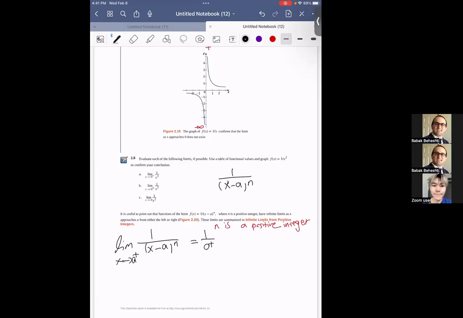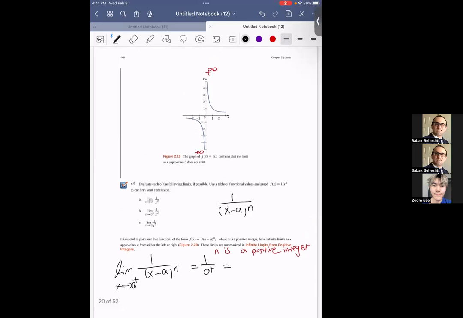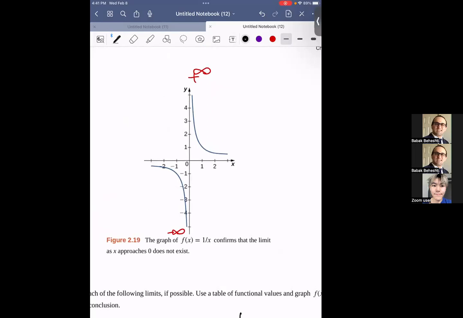So what is 1 over 0 plus? 1 over 0 plus is a very small number, not 0. We just talked about this, like here. See? 1 over 0 plus is plus infinity.